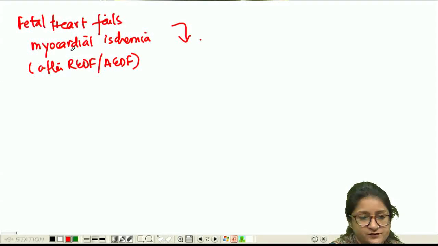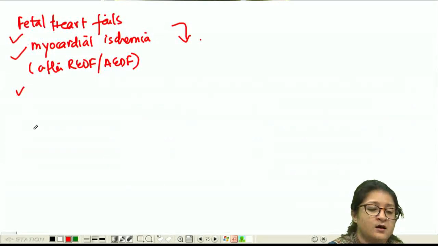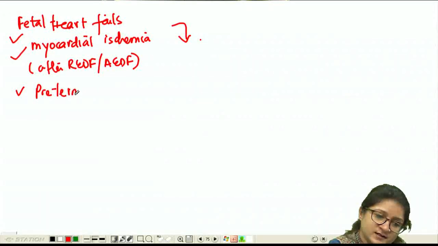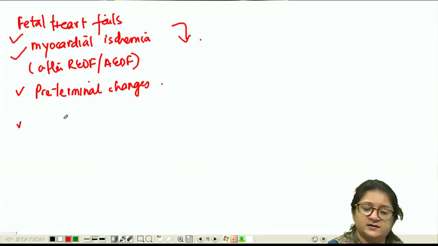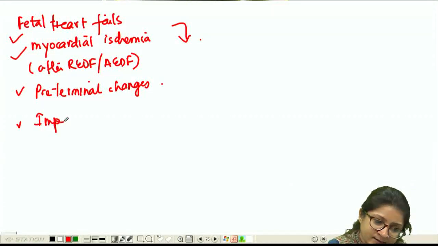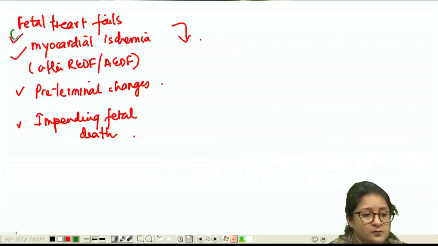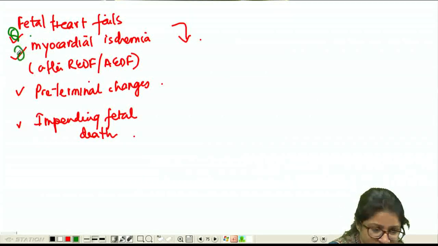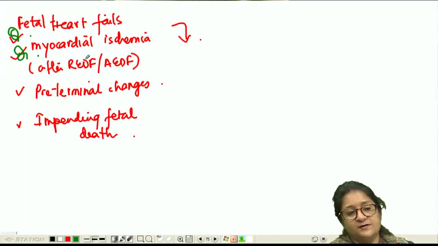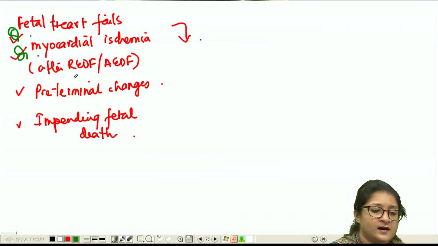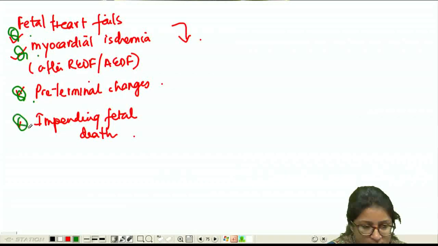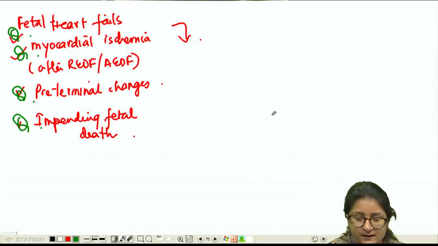It could be asked in another way: which are the pre-terminal changes? Pre-terminal change means when such changes in Doppler start coming, they signify impending fetal death. What are the changes which signify that the fetal heart fails, fetal myocardial ischemia, impending fetal death?